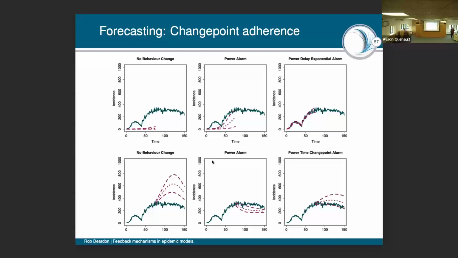So we go back to the same question as before. Introducing this idea, if we've got data from the true model, can we use it to forecast and get good forecasts? You can see here, for example, I've got change point adherence, and the protective behavior, the behavioral change, was that simple power alarm before.